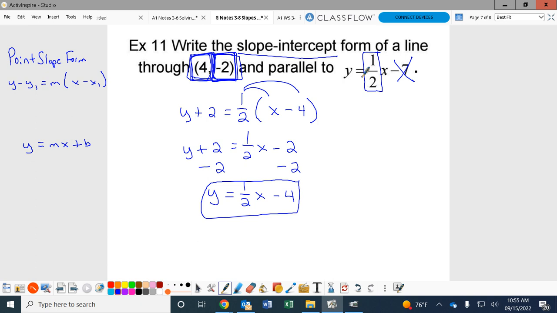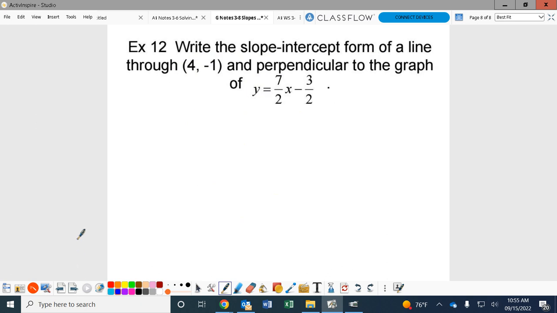Okay, guys. We got the last one's perpendicular. Same thing but perpendicular. Okay, let's do the same thing, guys. Just another chance to practice the same problem. Okay, here we go. For perpendicular, the one thing I will say is we're still using this point, but now we need a slope that is perpendicular to this. So I would come over here, and since this is 7/2, what is the opposite reciprocal of 7/2?